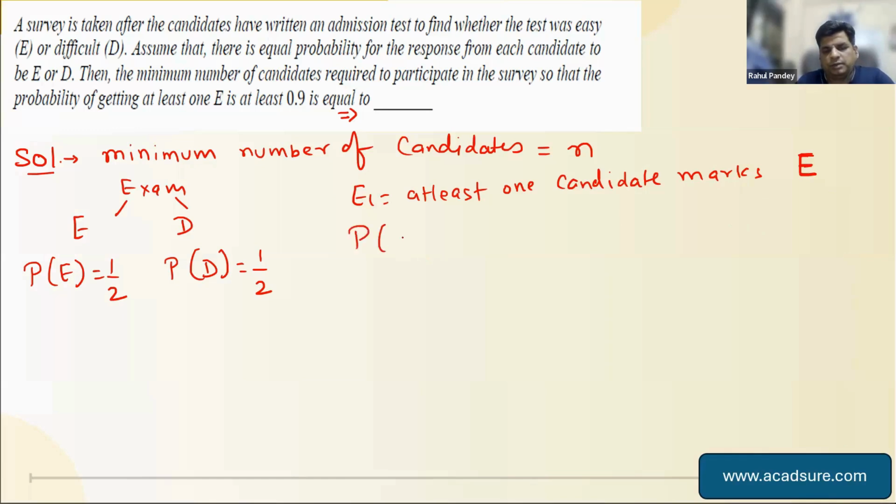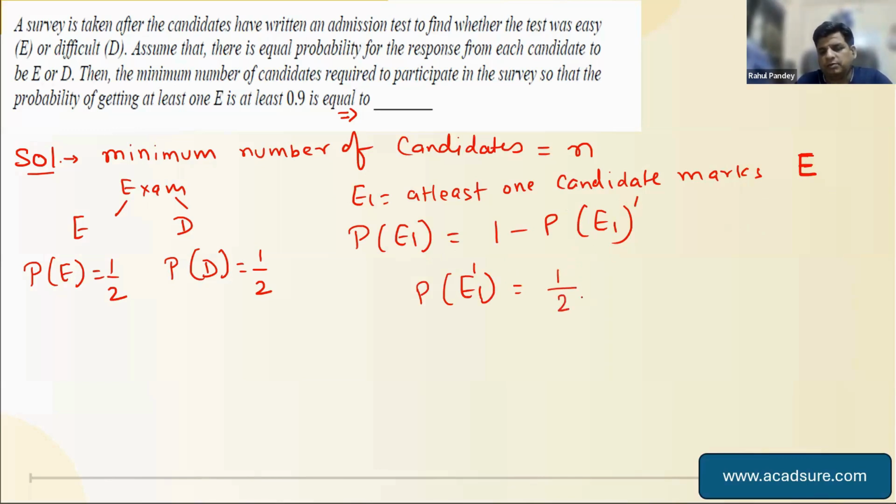So P of E1 will be equal to 1 minus P of E1 complement, which means no candidate marks easy. So P of E1 complement would be, let there be n candidates and each of them marks it difficult.